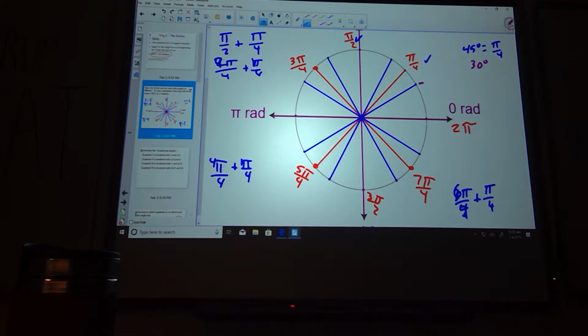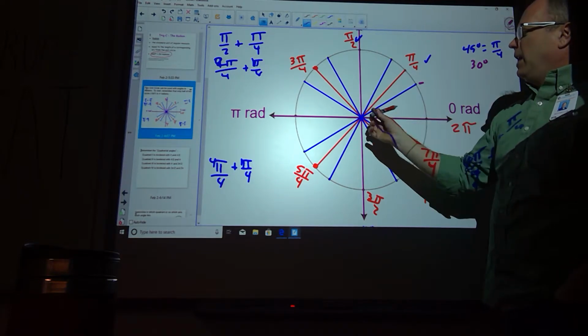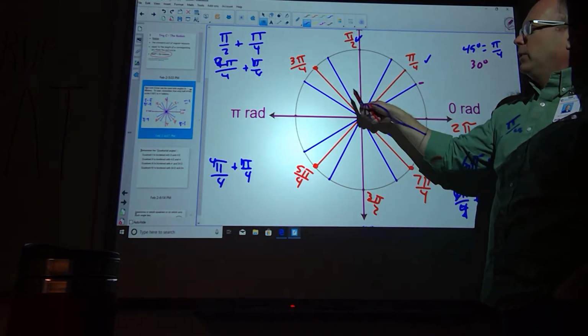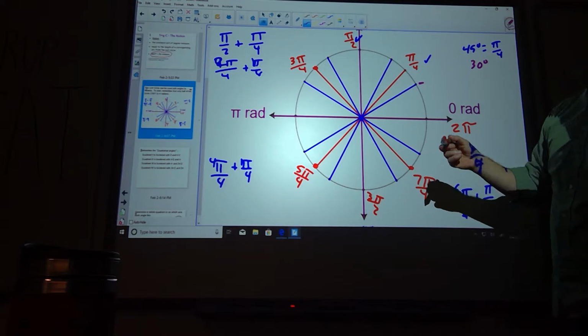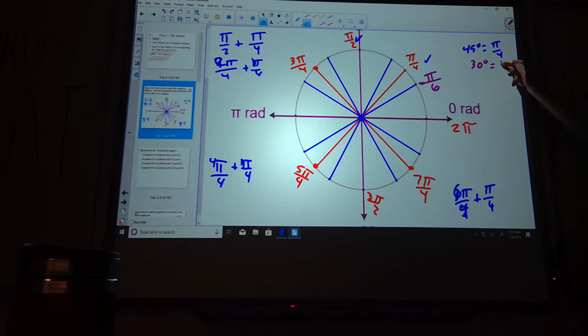So 30-degree, how do I think we should get there? How many 30s are from here to 180? How many times do I have to add 30 to itself to get to 180? 6. So that's got to be pi over 6. Okay? So 30-degree angle is pi over 6.